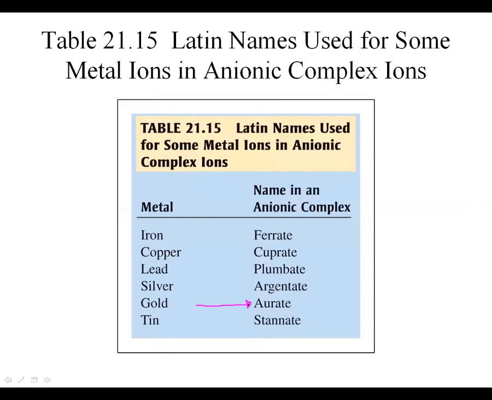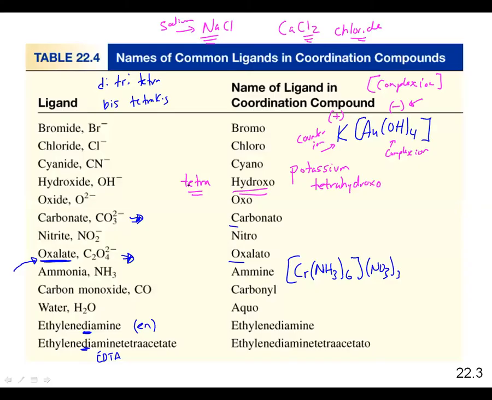So we would use aurate. Coming back to our name here, this would then become aurate instead of gold, because the complex ion is negative. And earlier we figured out that the oxidation state of the gold is 3, Roman numeral 3. So this is potassium tetrahydroxoaurate(III).